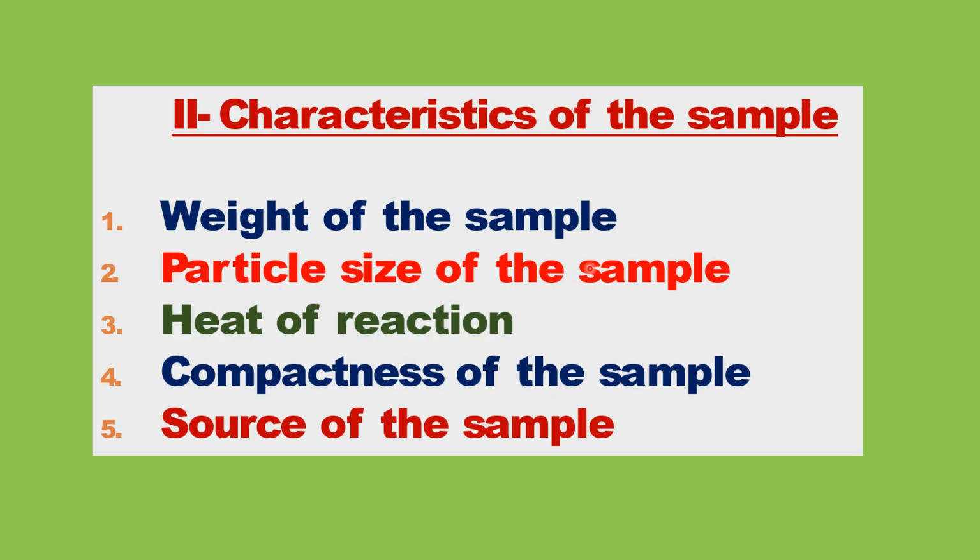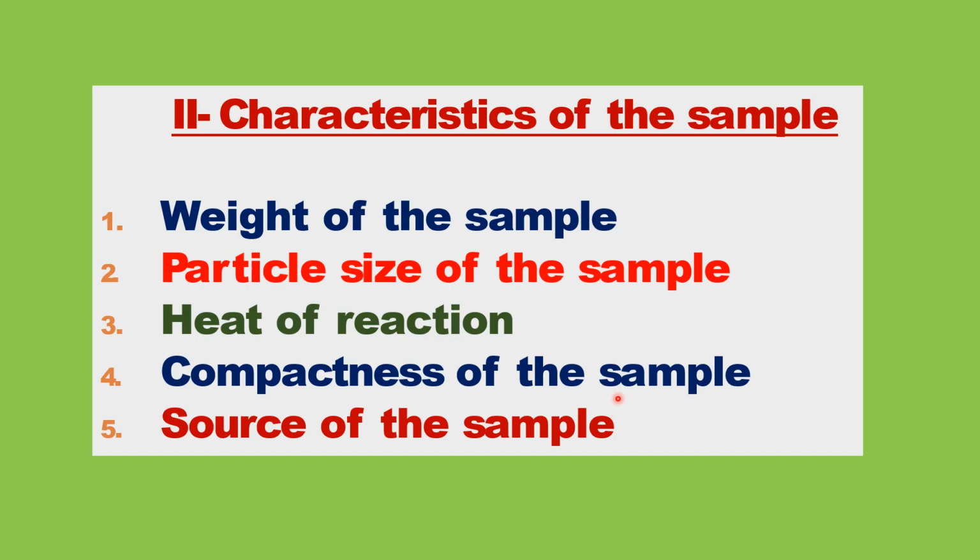Depending on the size of the particle, the thermogravimetry will differ. It also depends on the weight of the sample, the heat of the reaction, and the compactness of the sample, how it is packed.